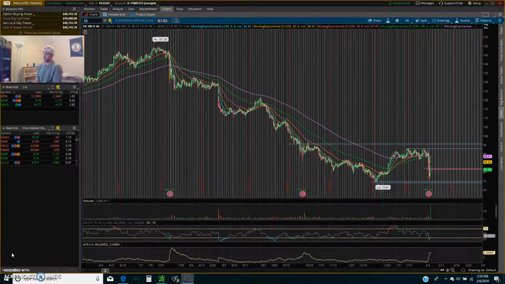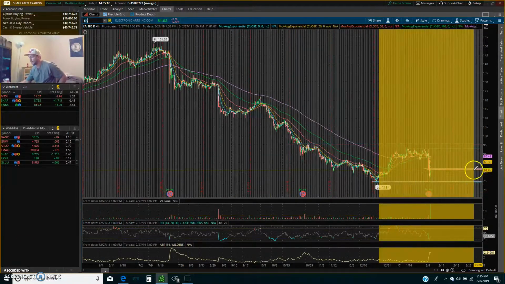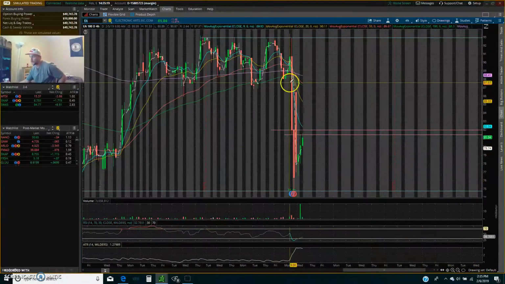And for those of you who don't know, I choose my stocks based on how they're moving in pre-market or after market. I look for stocks that are gapping up or gapping down, which means on the 4 hour chart here, you can see the stock has moved in the pre-market and post-market hours.